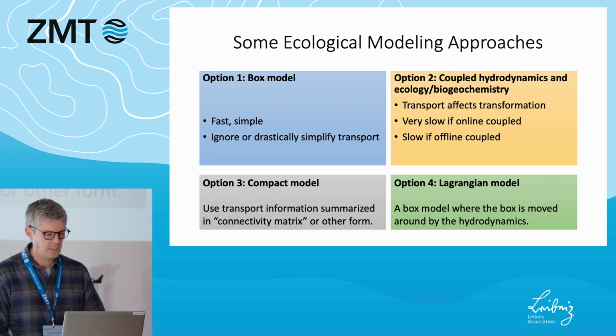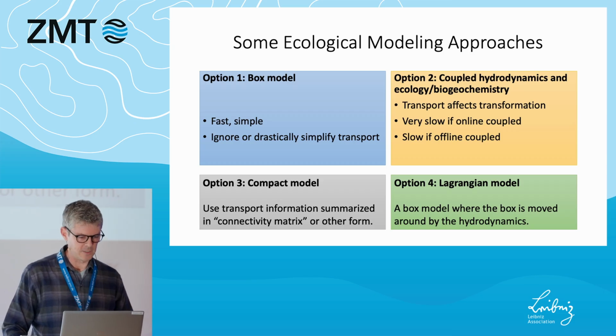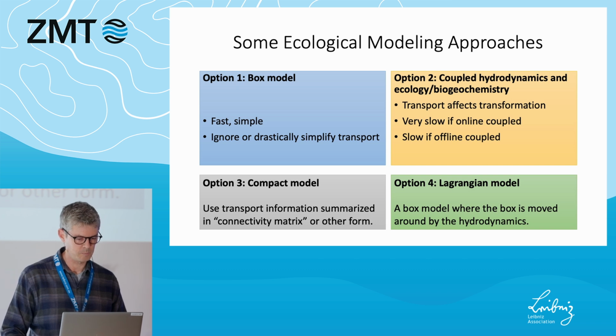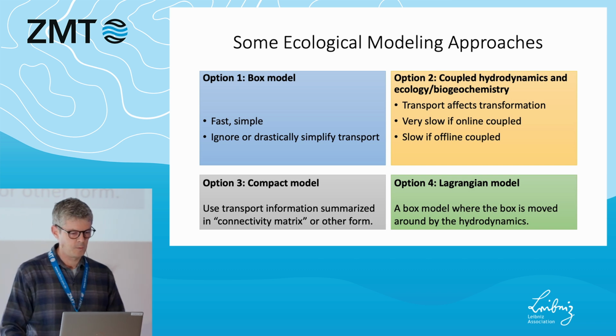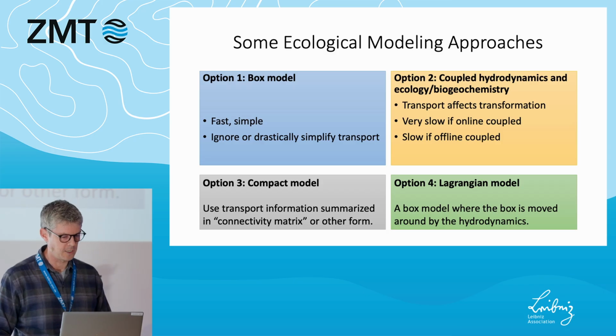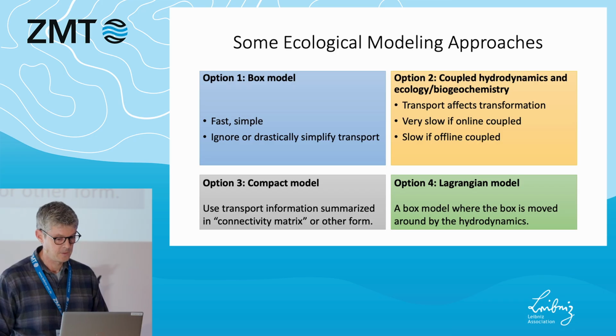Okay, so here's again a very much not comprehensive list of ecological modeling approaches, but I just want to contrast the top row with the bottom row. Some obvious approaches are to use a box model. The advantage of that is it's really fast, but it essentially ignores transport in most cases.